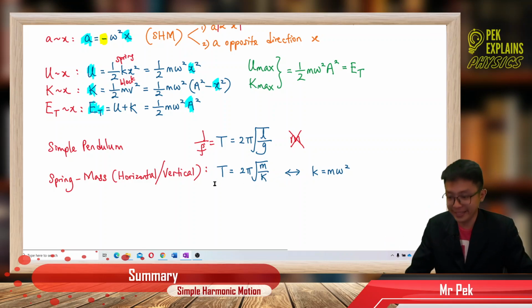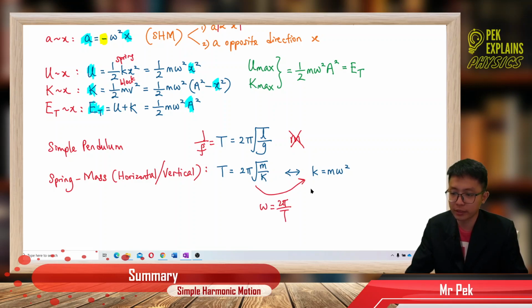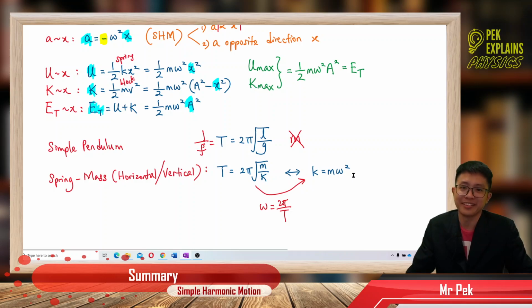And you can derive this formula. If you do it yourself, you apply omega equals 2 pi over period into the formula, and you will get it. Trust me, do it yourself. You will get k equals m omega squared.